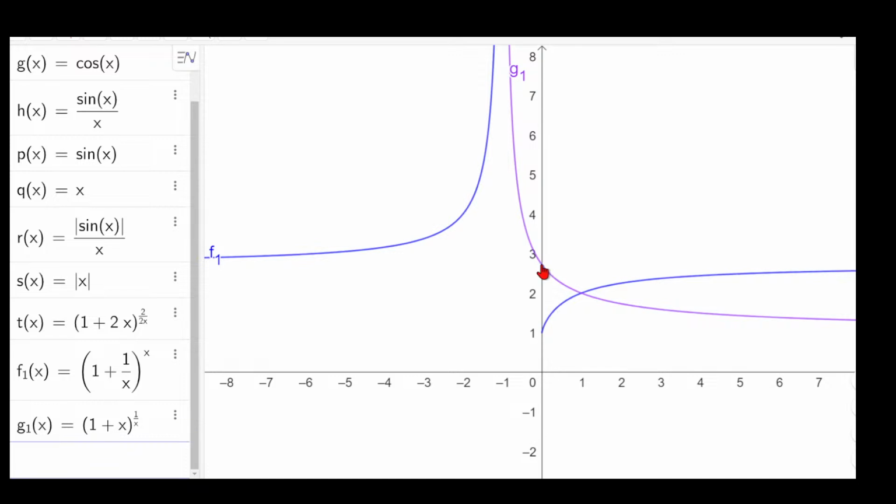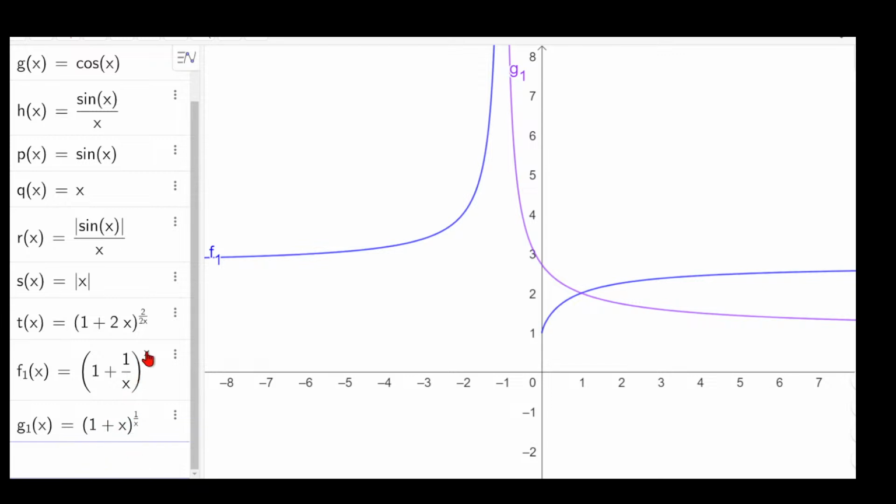Only the (1 + 1/x)^x graph. Oh no, we are not talking about continuity. I'm discussing this for limits. As x tends to infinity, this function is actually equal to e. As x tends to 0, this function is actually equal to e. That is the point here.